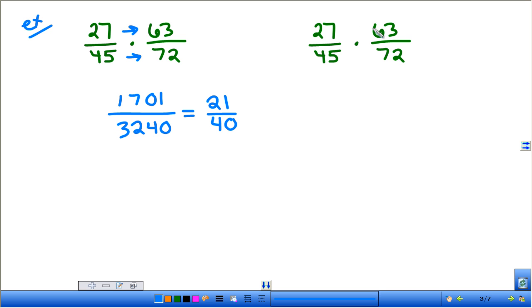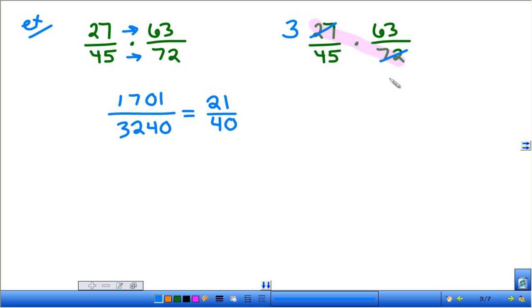So now let me show you, this is the way again that I want you to learn how to do this, and I know it's new, but just follow along with me, is we need to cross simplify. So if I look at 27 over 72, what number can go into 27 and 72? 9 can. How many times does 9 go into 27? 3 times.